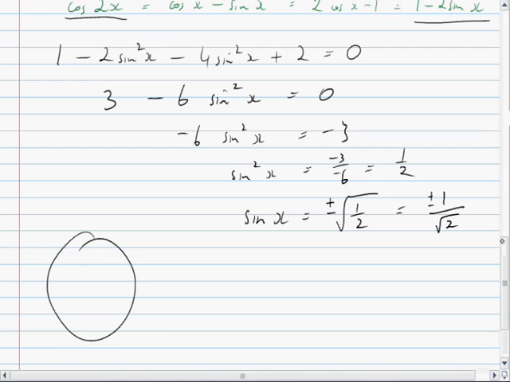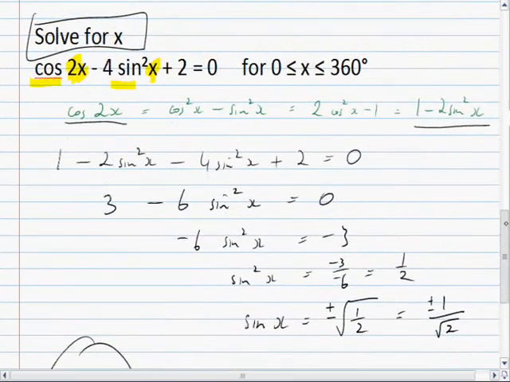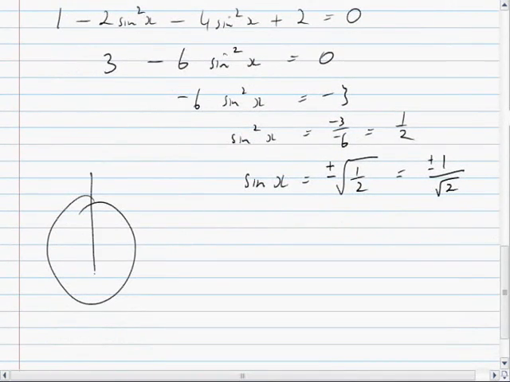In my unit circle, and because we're going from 0 to 360 degrees, when do I see this 1 over root 2? When does sine x equal 1 over root 2? Well, you'll remember that cos of 45 is 1 over root 2, and sine of 45 is 1 over root 2.